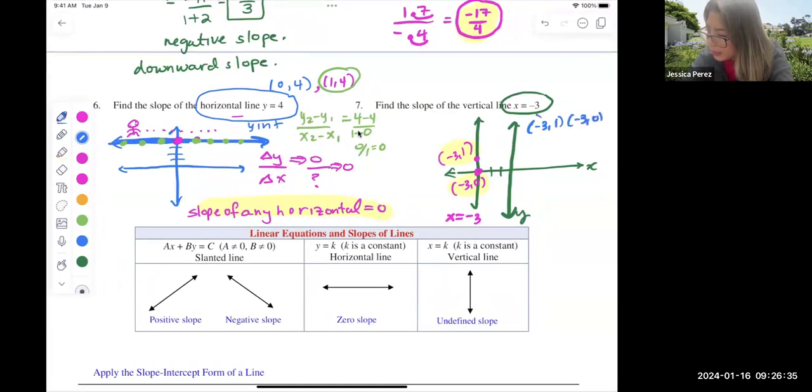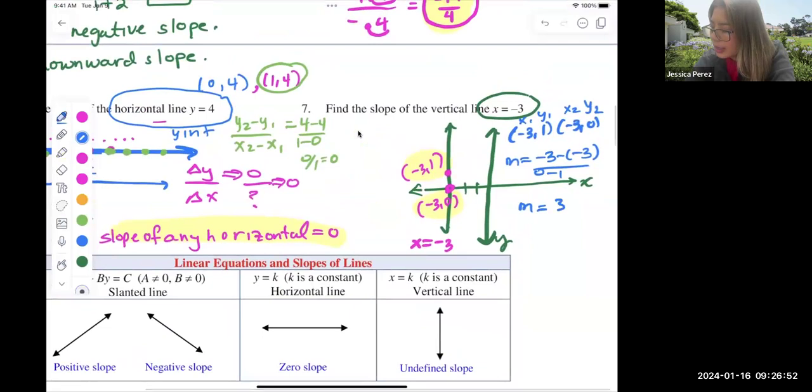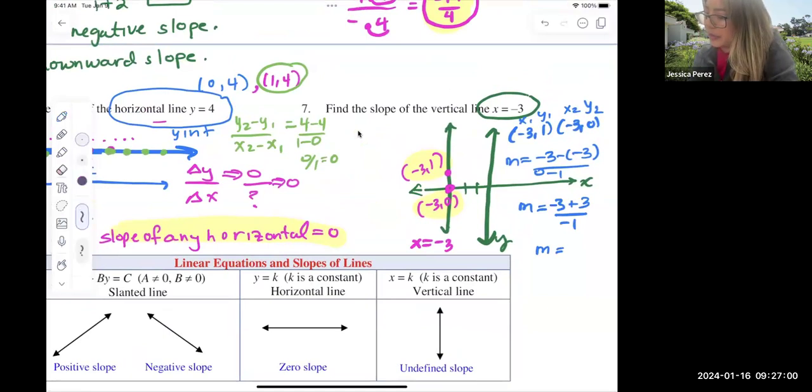So I'm going to say, okay, well, x1, y1, x2, y2, let's solve for our slope. Sorry about that, and this should be flipped. So let's not get ahead of ourselves here.